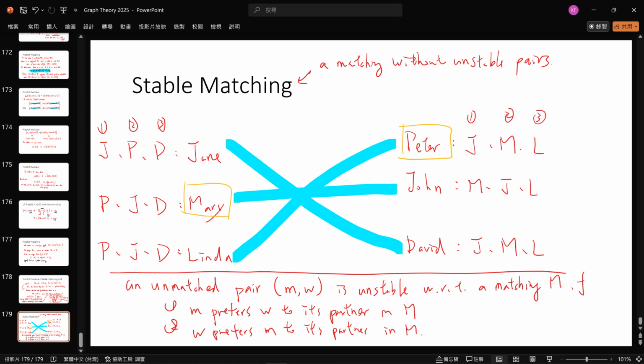That's the definition for stable matching. So an obvious question about stable matching is: can we always find a stable matching? Given these preference lists, is it always possible to find a stable matching?